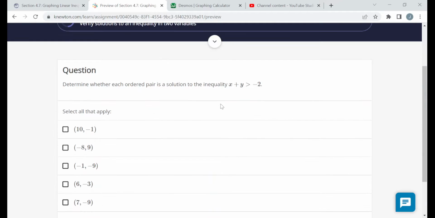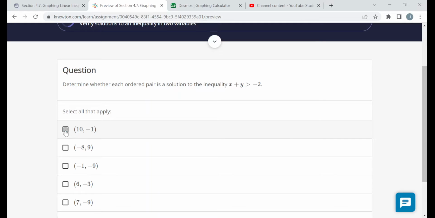Now again, they're not all this simple, but you're given an inequality, and just asked which of these ordered pairs are solutions. So plug in the x, plug in the y, and is x plus y greater than negative 2? So I'm just adding the x and y coordinate and asking, is it greater than negative 2? 10 plus negative 1 is 9.